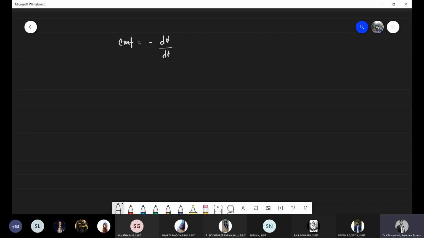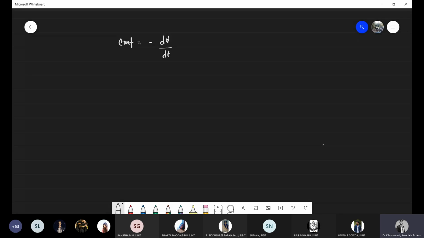Minus sign is due to the EMF direction to produce a current whose flux is against, right? Whose flux is against, so that it will reduce the flux in order to generate the EMF. That is what you mean by this minus sign. It will reduce the rate of change of flux with respect to time in order to generate the EMF.